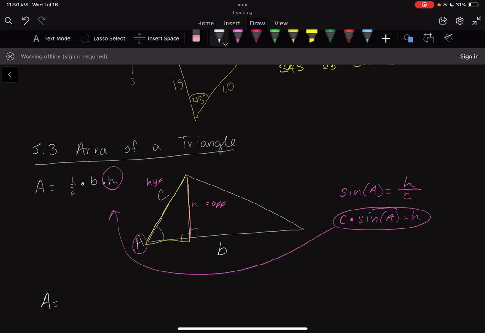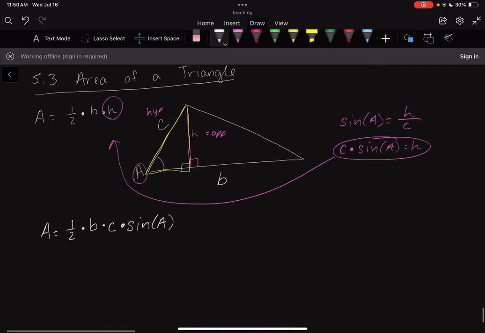So now I have area is equal to a half times B, or the base, times C times sine of A. Now usually I wouldn't write it with that many multiplications. I would just say a half BC sine A.